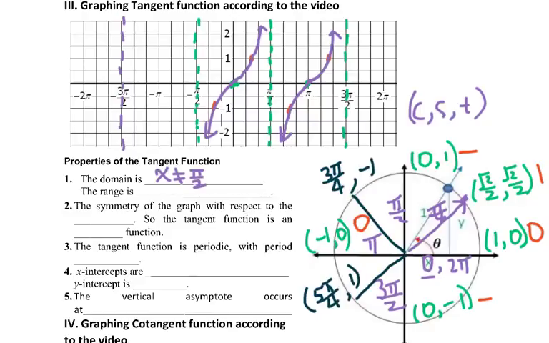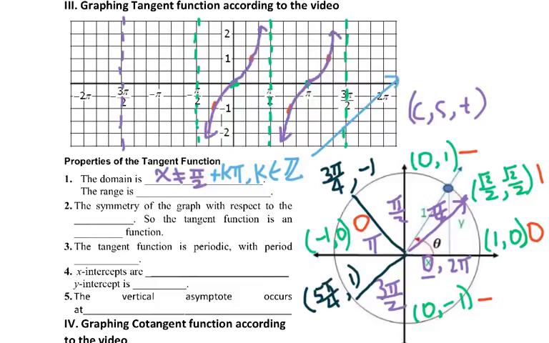Then for every pi, it's repeating because your period is pi. So I add pi times k or k times pi, and k will be all integers.